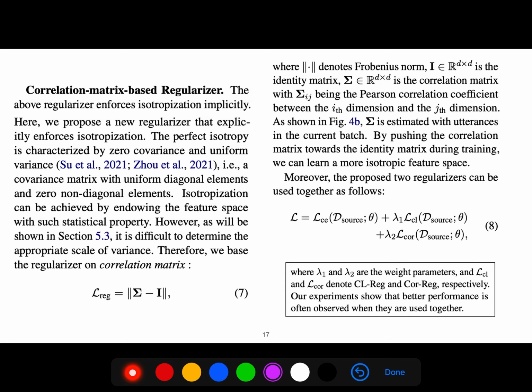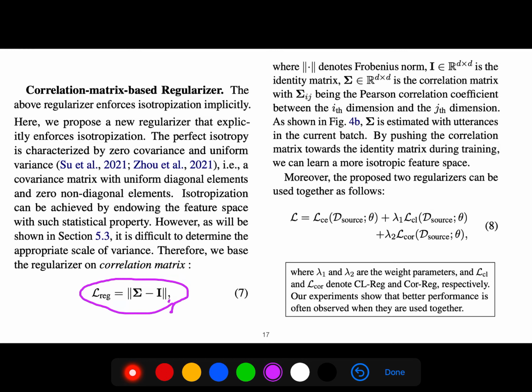Perfect isotropy is characterized by zero covariance and uniform variance, so a covariance matrix with uniform diagonal elements and zero non-diagonal elements. Isotropization can be achieved by endowing the feature space with such a statistical property. So we base the regularizer on this correlation matrix.